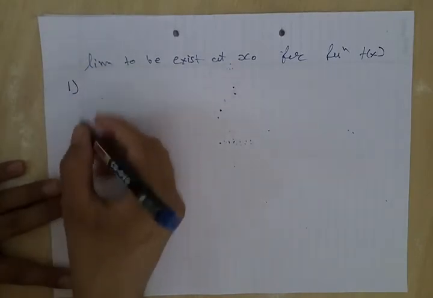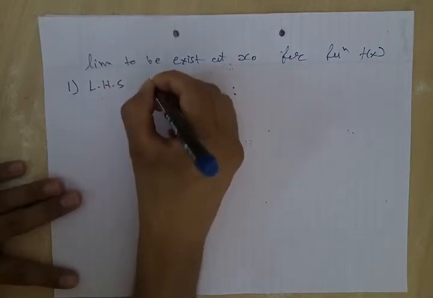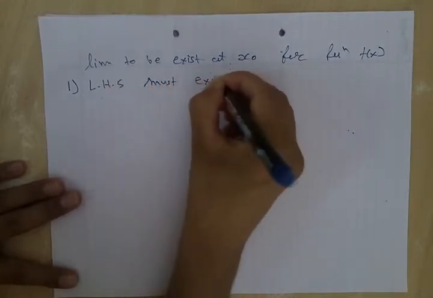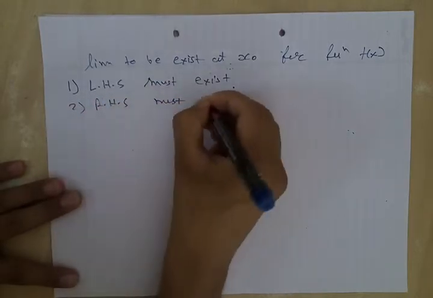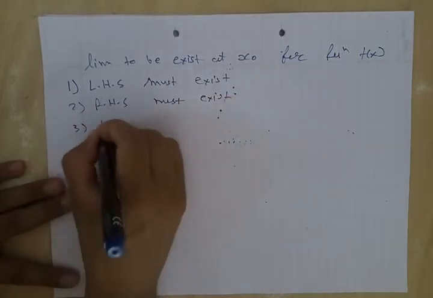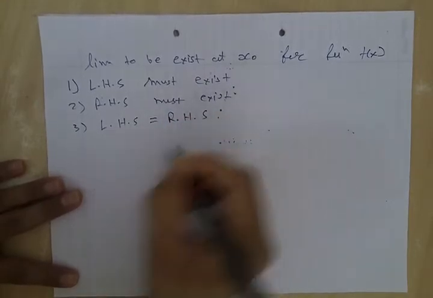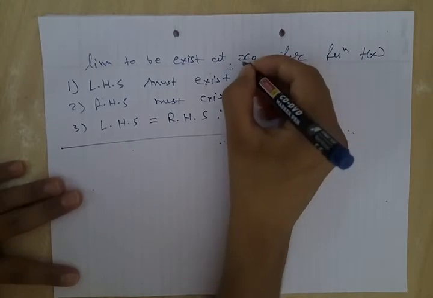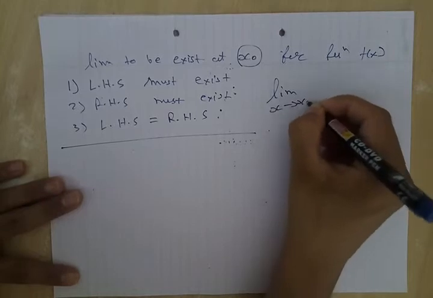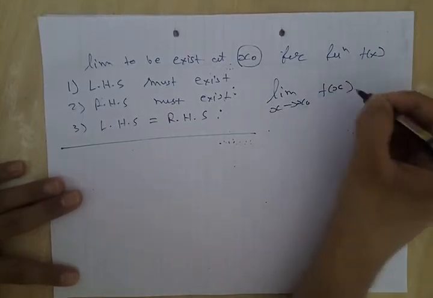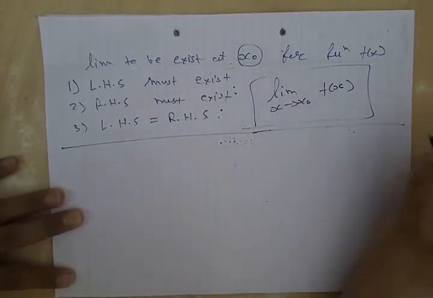The first rule is that the left hand side limit must exist, the right hand side limit must exist, and both limits must be the same. The left hand side limit should be equal to the right hand side limit at the particular point x0. Then we can say that the limit as x tends to x0 of f(x) is defined. Now we will talk about continuity.